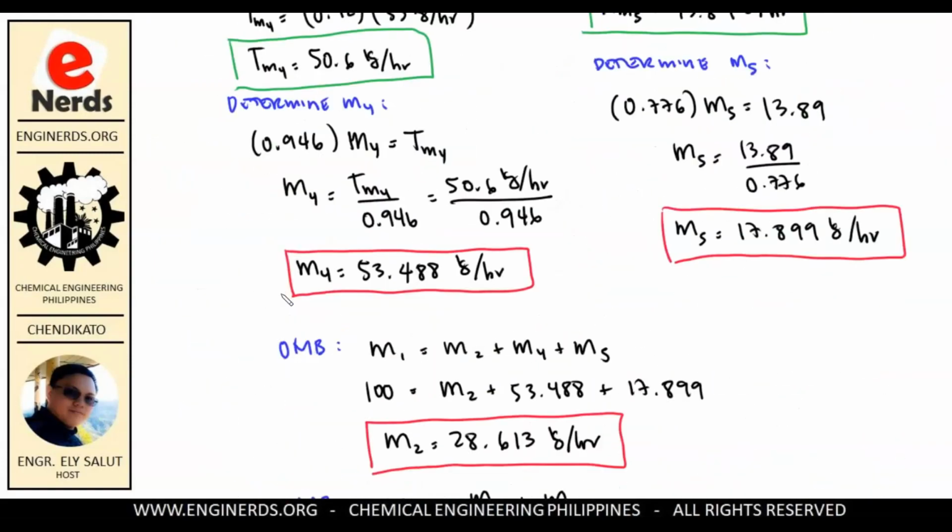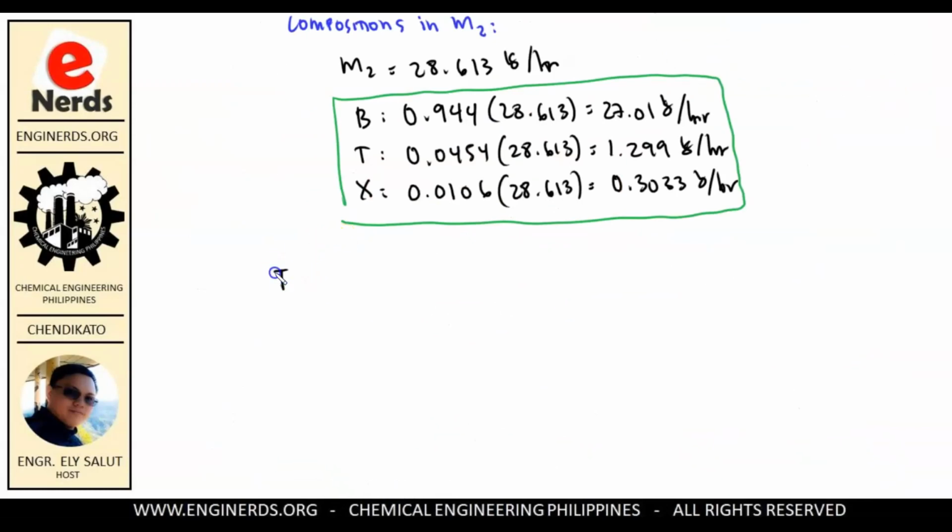Our toluene in M1 is equal to the toluene in M2 plus the toluene in M3 plus the toluene in M5. I mean, this is M4. Okay, so this will be our equation. We know the value of toluene in M1, toluene in M2, and toluene in M4. We don't know the toluene in M5, so we can determine that.